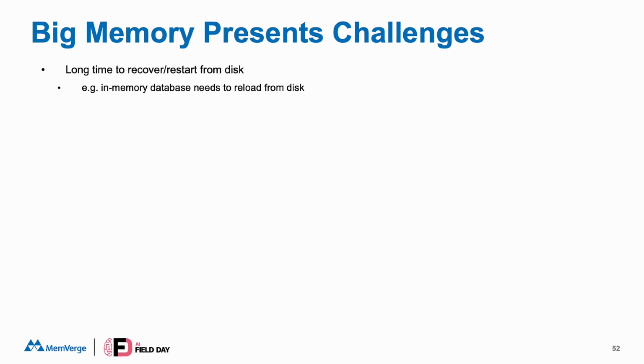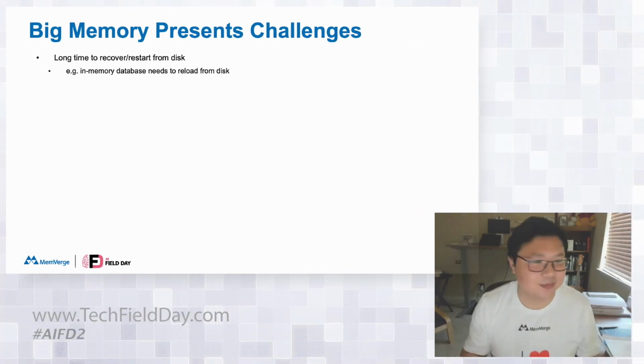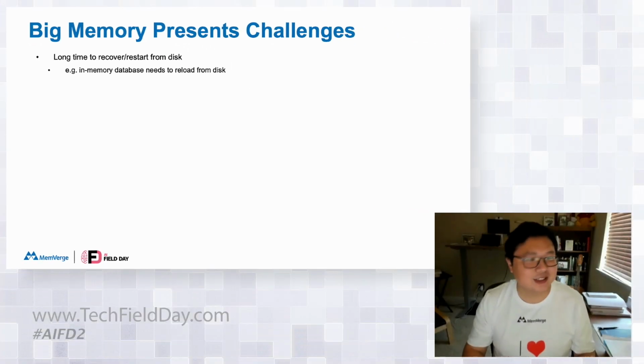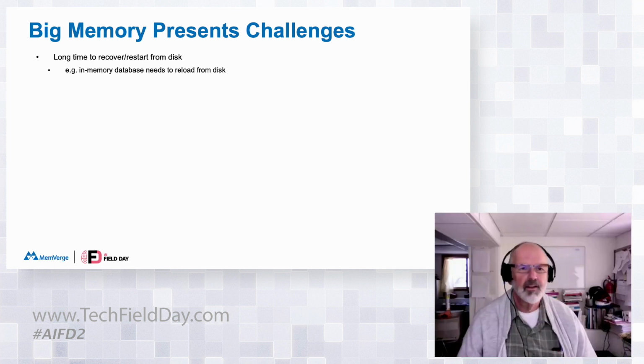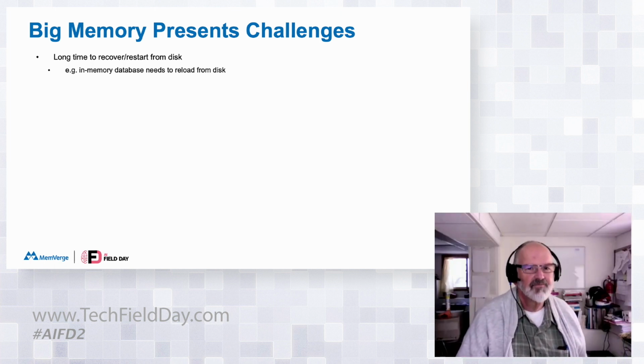First of all, if your application uses lots of memory, just imagine when you want to save the application state, it will take a long time to stream those huge memory states back to the disk. One example is an in-memory database.